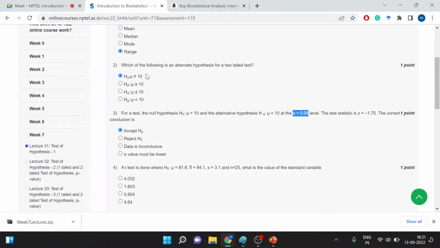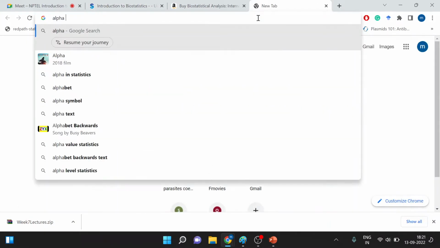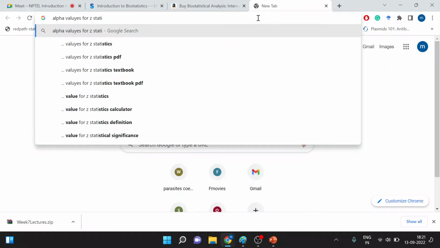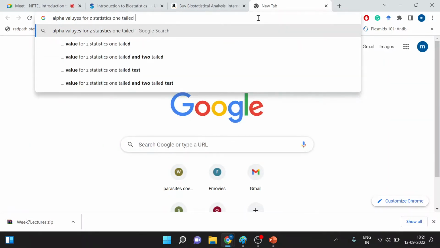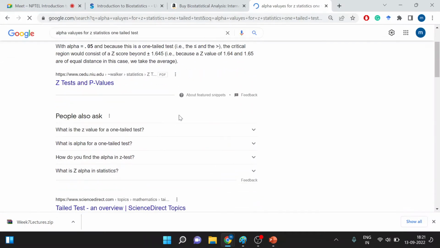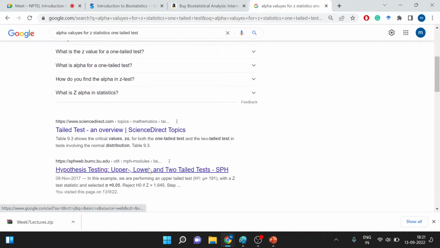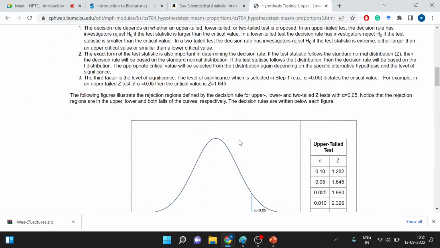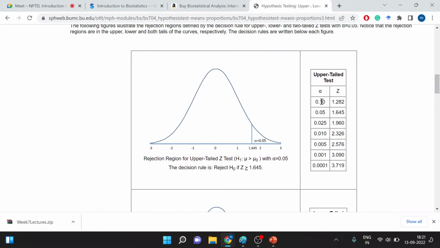What information you need is, for each alpha value you need the corresponding z value. If you look online, if I just type alpha values for z statistic one-tailed test, okay, yeah, what you get is, for each alpha value you get a z value.